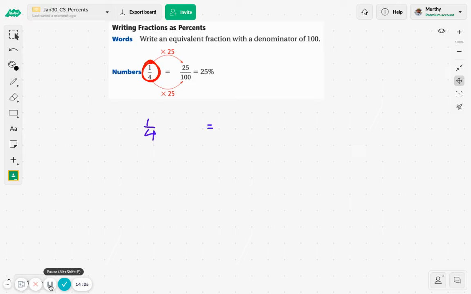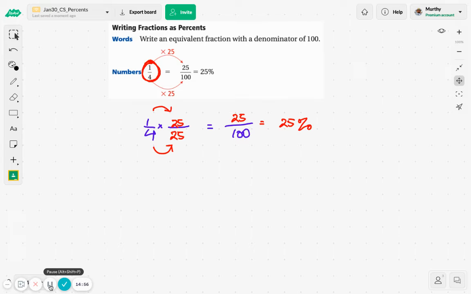With what value do I have to multiply so that 4 times what value gives 100? This is one method. You know that it is 25. 4 times 25 gives me 100. 1 times 25 is 25 over 100, which equals 25%.